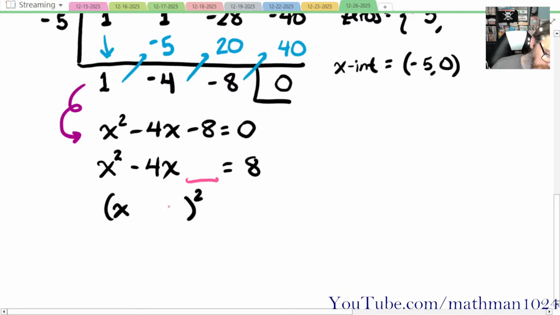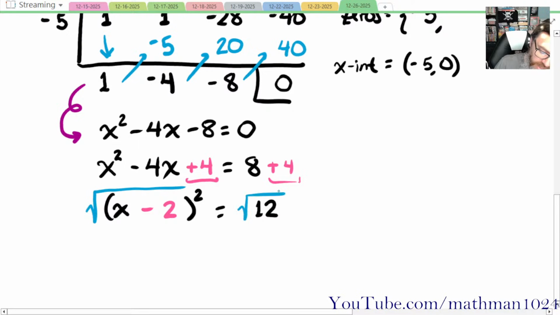Half of negative 4 is negative 2, and negative 2 squared is a plus 4. And I have to add that to both sides of my equation. So x minus 2 quantity squared equals 12. And now, this is the big part about completing the square, is that we can use the square root property. So take the square root of both sides. Don't forget the plus or minus.